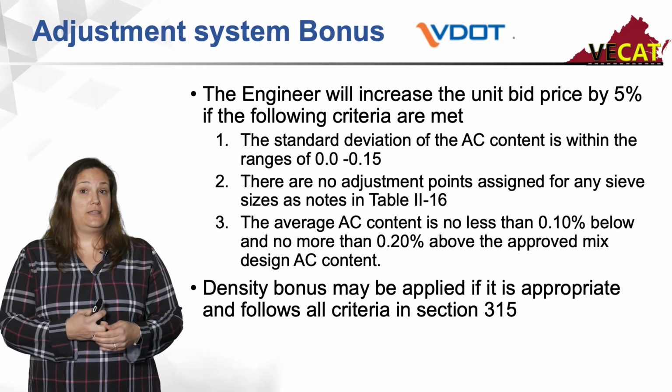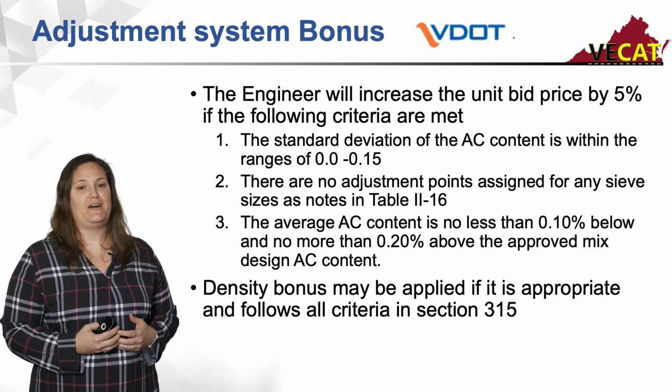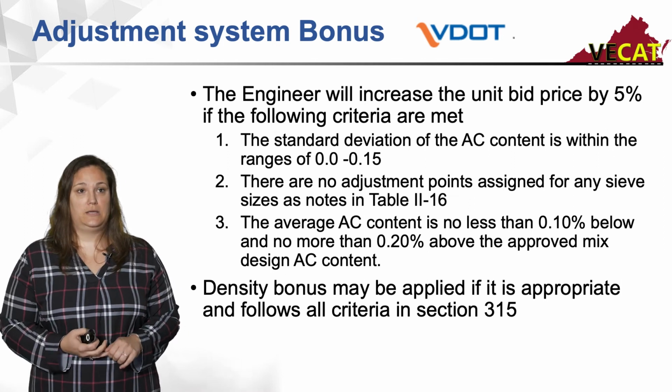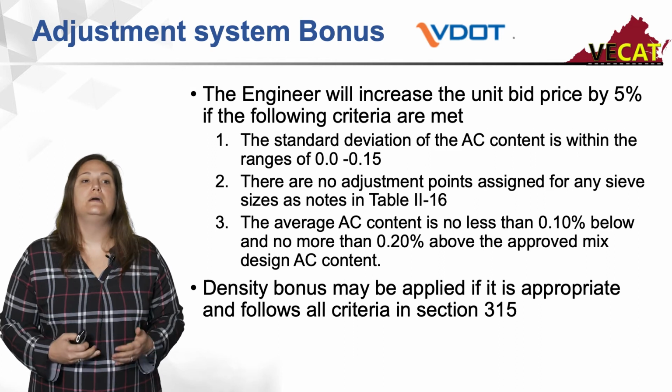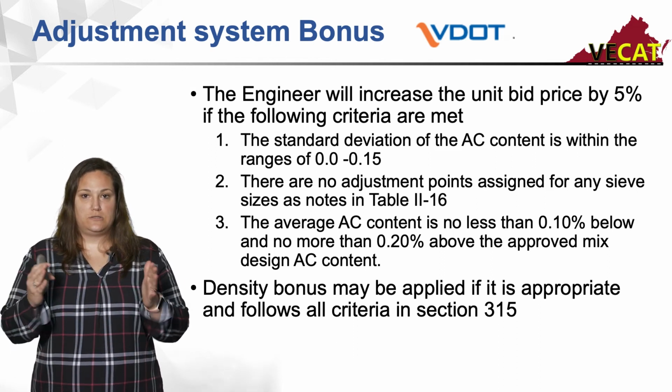Now on the other side of that, the engineer will increase the bid price by 5% if all of the following criteria are met. The standard deviation of AC content is within 0 to 0.15, so that's the range.